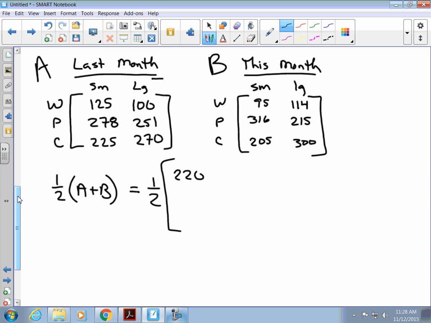And then 100 plus 114, which is 214. And then we have the 278 and 316. So that gives us our 594. And then we're going to get 466, 430, and 570.